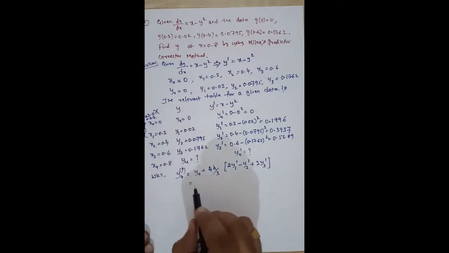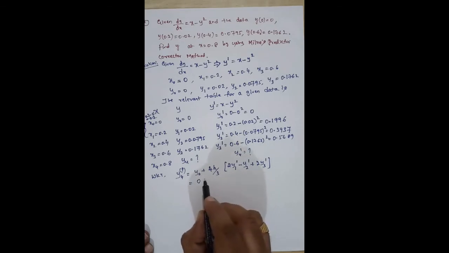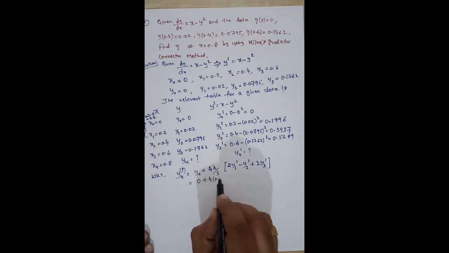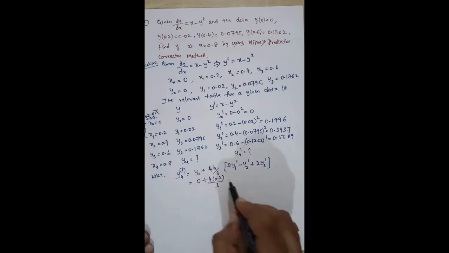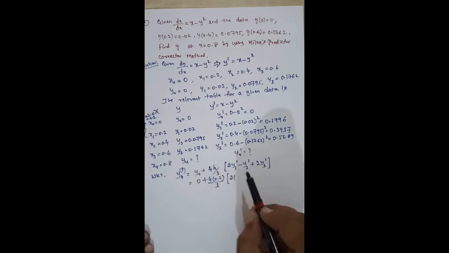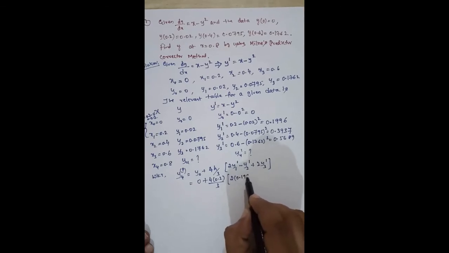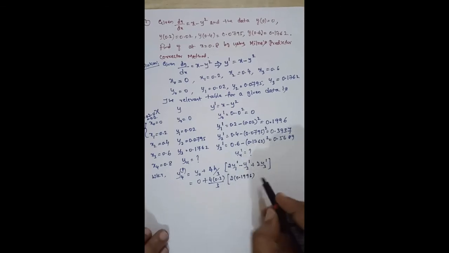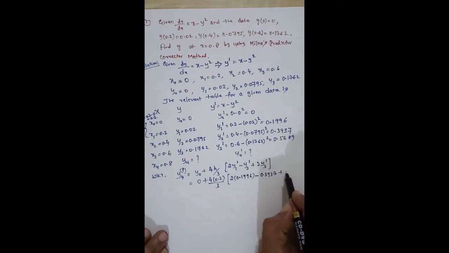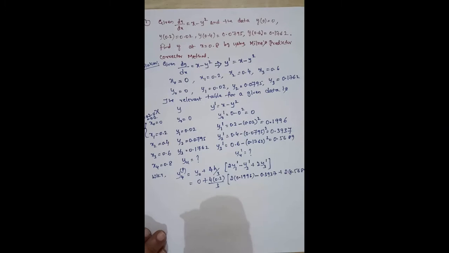Substitute in this. What is y0? y0 is 0 plus 4 into h is 0.2 divided by 3 into 2 y1 dash. What is y1 dash? 0.1996 minus y2 dash. y2 dash is 0.3937 plus 2 into y3 dash. y3 dash is 0.5689.